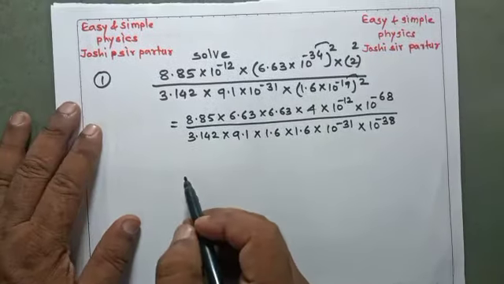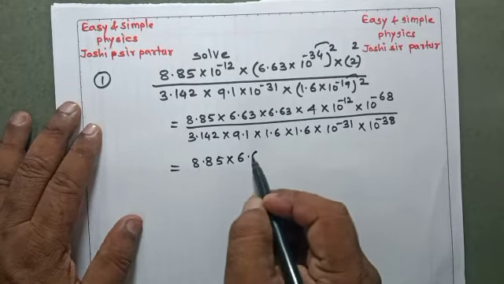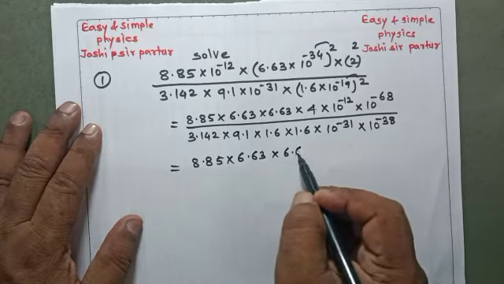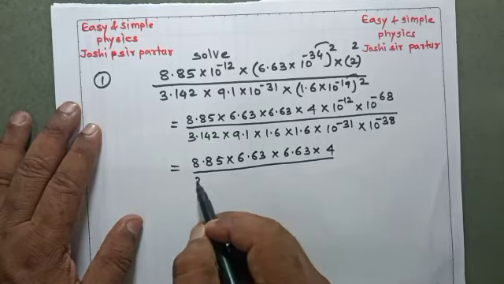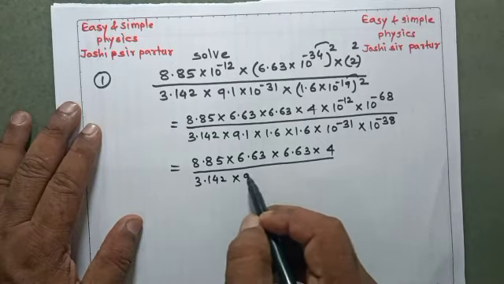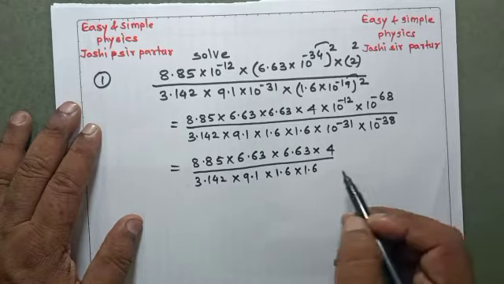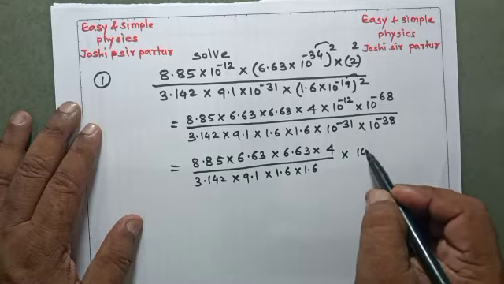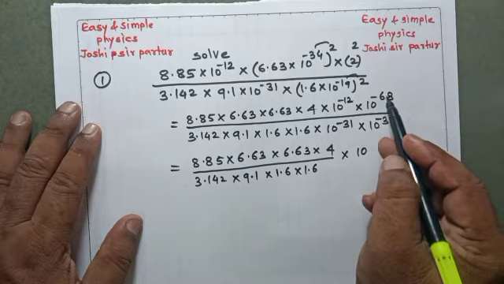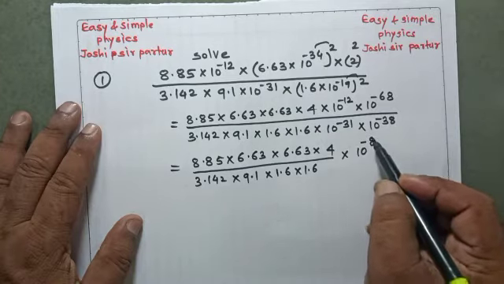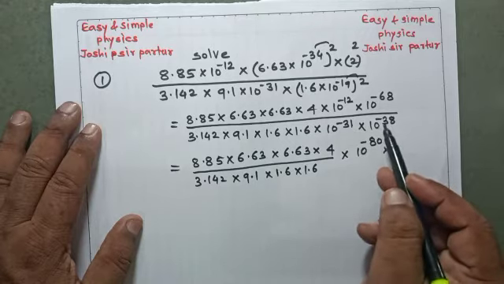Again we can write as 8.85 multiplied by 6.63 multiplied by 6.63 multiplied by 4 upon 3.142 multiplied by 9.1 multiplied by 1.6 multiplied by 1.6 multiplied by 10 to the power, here the 2 is there, add, so it is minus 70 and 10 is add, it is minus 80, multiplied by 1, that is 39 and 30, that is 69.